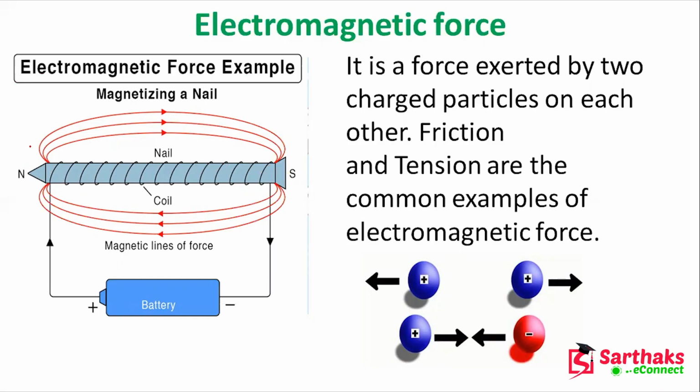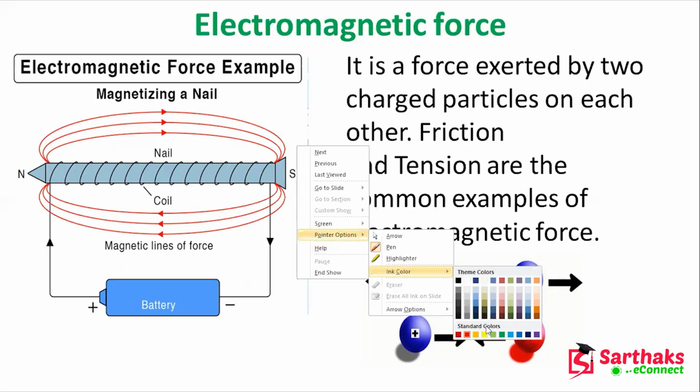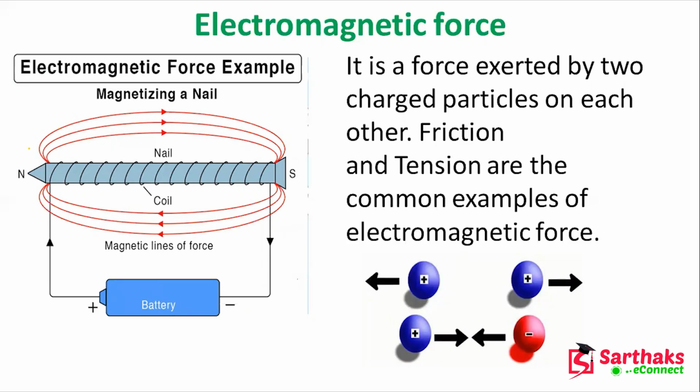I'm just changing the ink color. So here you can see that in this way you have the direction of the magnetic lines of force. So the electromagnetic force is the force exerted by two charged particles on each other.